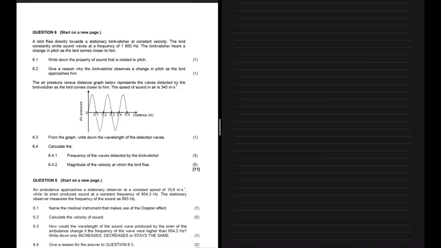The bird constantly emits sound waves at a frequency of 1650 Hz. So from that, we already know that the frequency emitted by the source is 1650 Hz. The bird watcher hears a change in pitch as the bird comes closer to him. So the bird is moving closer to the observer.